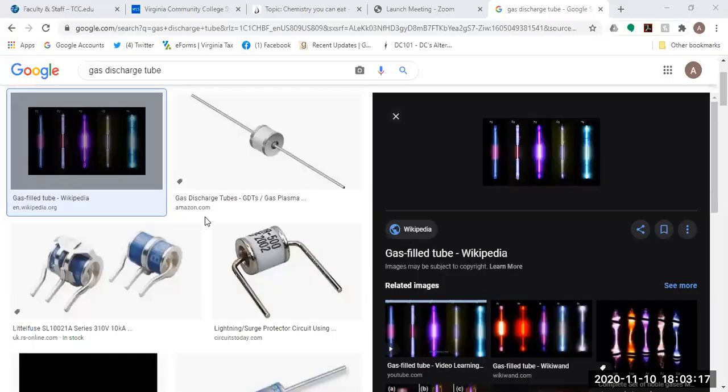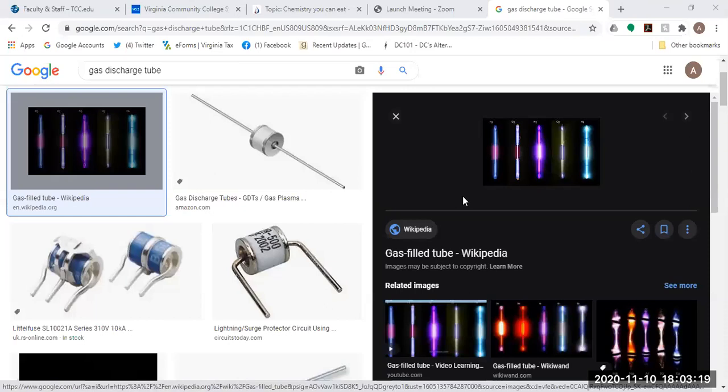See if this cooperates or if it's going to give me a pain in the butt. Aha, maybe that'll work. Can you guys see the picture here of the gas-filled tube in the Wikipedia label?